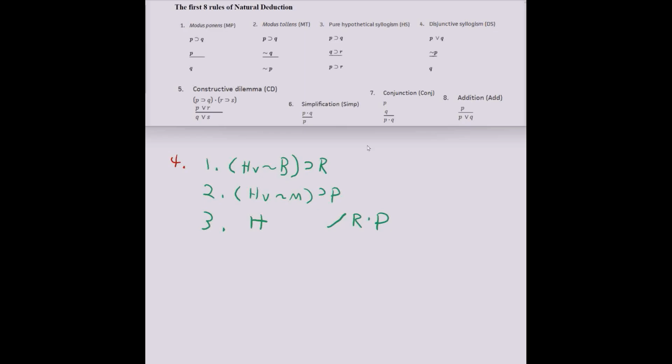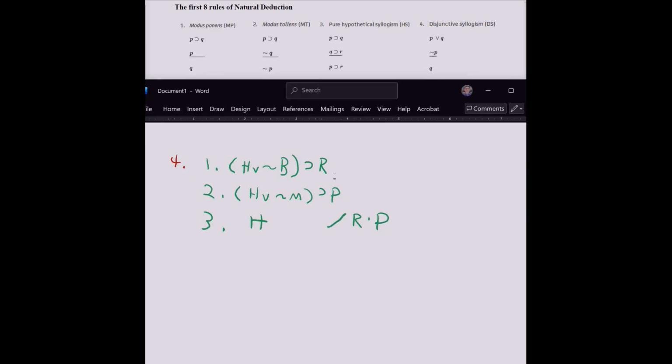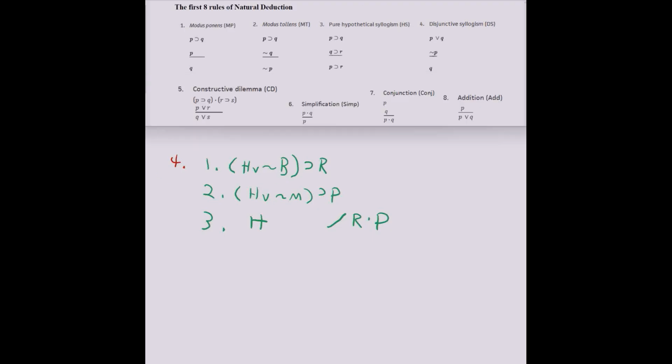Well, R and P, I can see, exist only in two places. Here's my R, so I'm going to want to go get that. Here's my P, I'm going to want to go get that, and I can use conjunction to put them together.